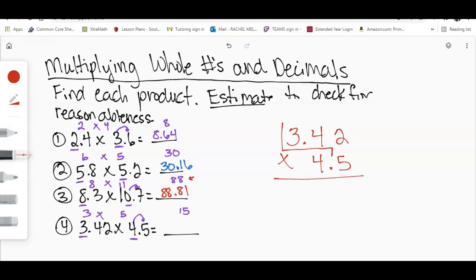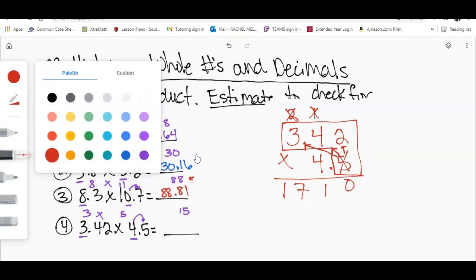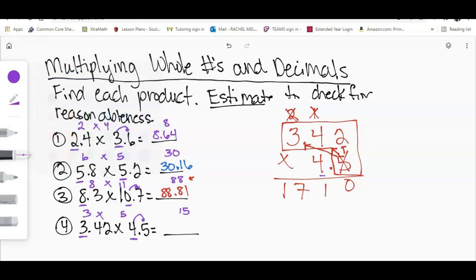All right, ones place first. 5 times 2 is 10. 5 times 4 is 20 plus 1. And then 5 times 3 is 15, plus my 2 is 17. I'm going to take out my 1s and my regrouping and do a different color because I like doing that. Makes it a little easier on me.